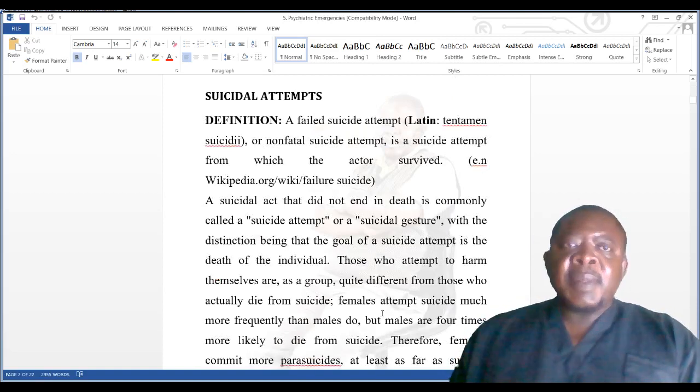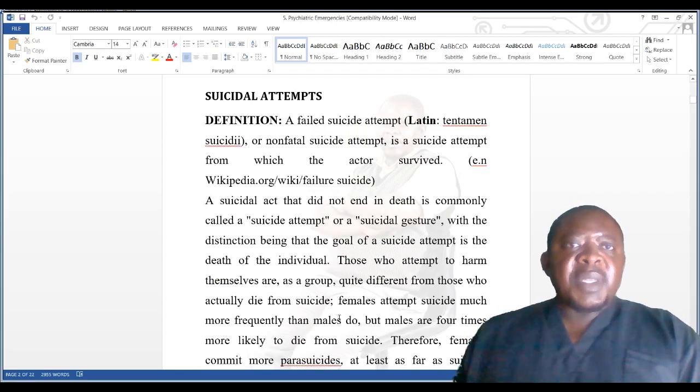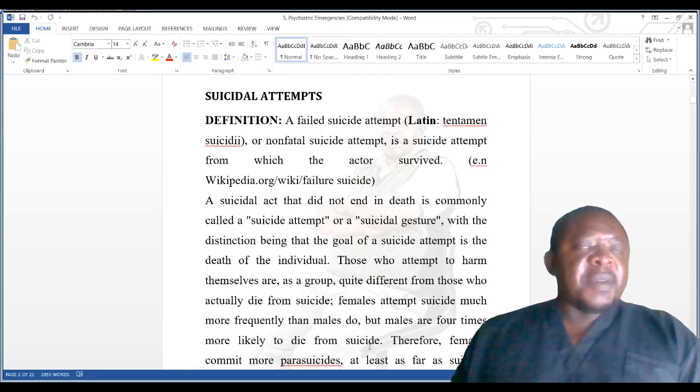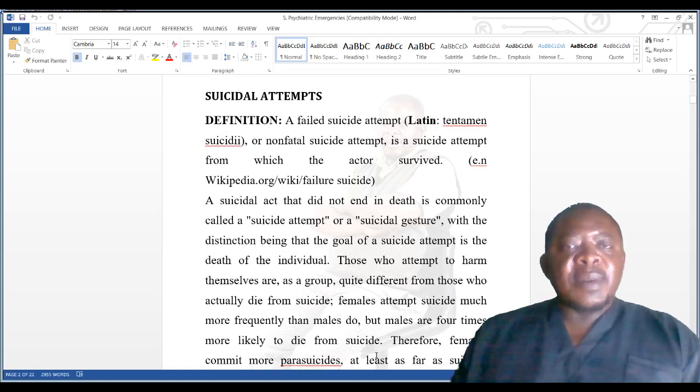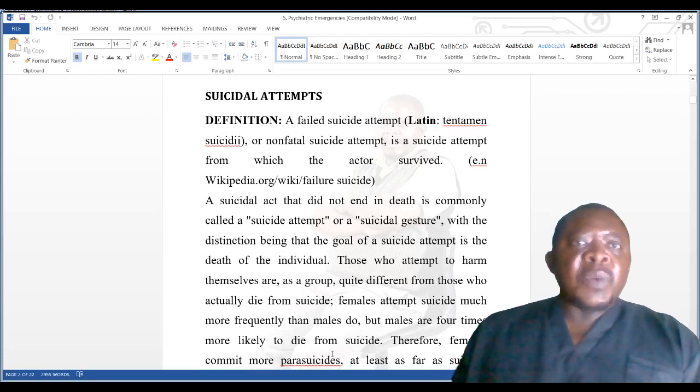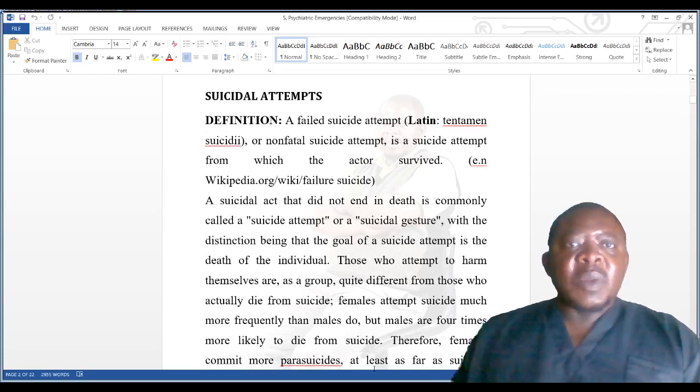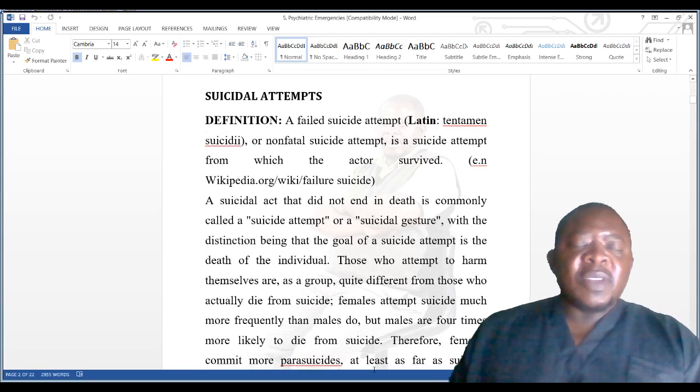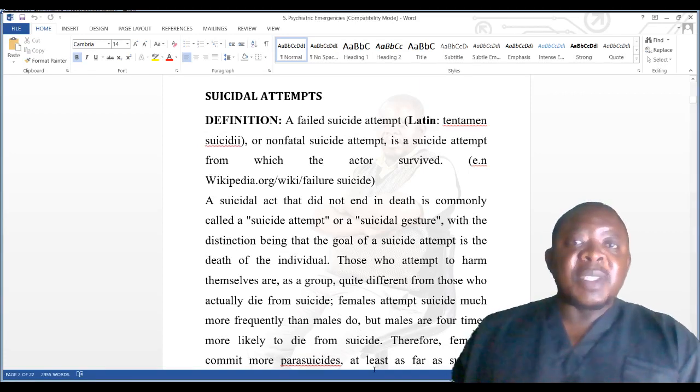So the first psychiatry emergency is a suicidal attempt. By definition, a suicidal attempt is a failed suicide action, or failed suicide activity. When you're looking at a suicide attempt, you're looking at a person who has survived the attempt to commit suicide.